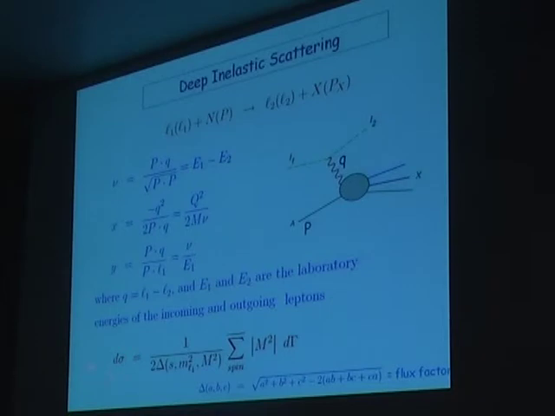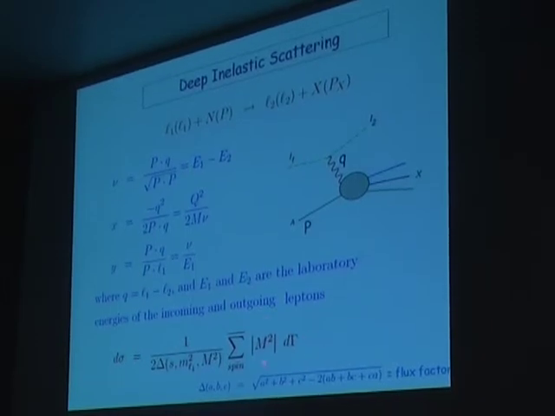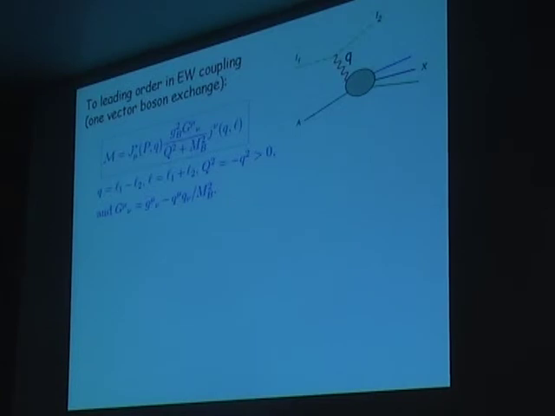The cross-section, of course, is given by this familiar formula: flux factor, matrix element squared, and integrating over all the final states. Now, when you are asked to write down such a matrix element, here is the structure.